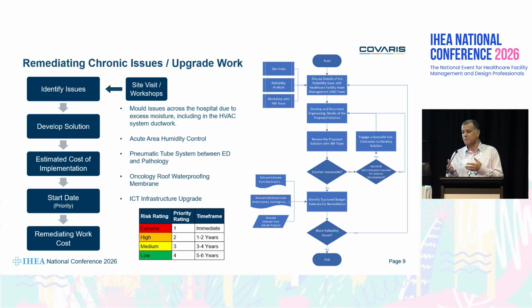Some examples are mold in the ductwork. If you walk through plant rooms, you don't see it, but when we sit with the service provider that services the HVAC assets, they will tell us, okay, in this duct we've got mold, and then we need to replace it or have a monitoring system in place for that issue.